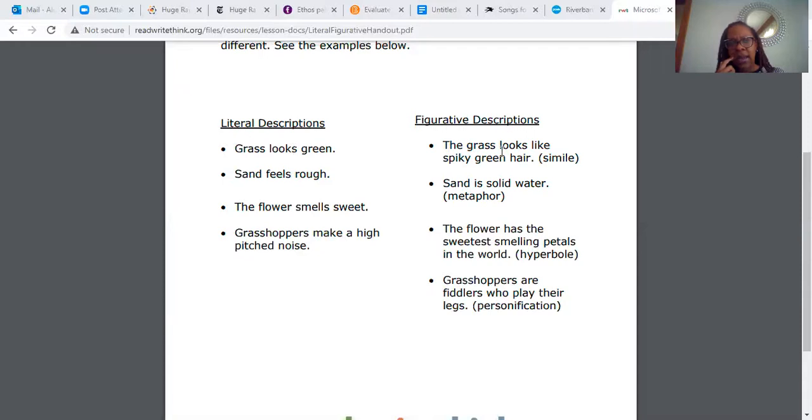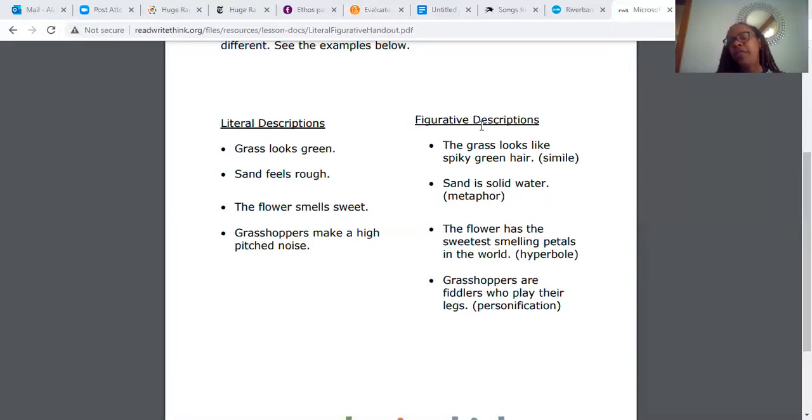I get a vivid picture. Now those words are attached to an image in my mind. When you think of figurative meaning, you're always thinking of your imagination. You're thinking of how these words produce an image in your head. So we went from the grass looks green to the grass looks like spiky green hair.